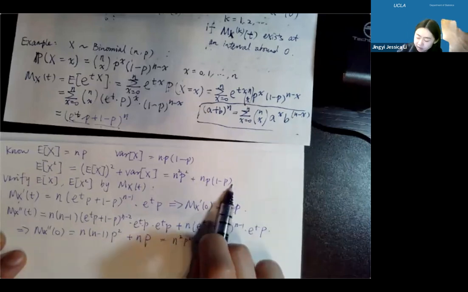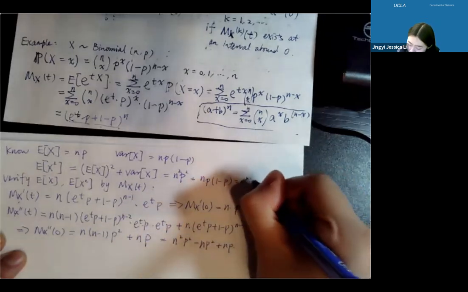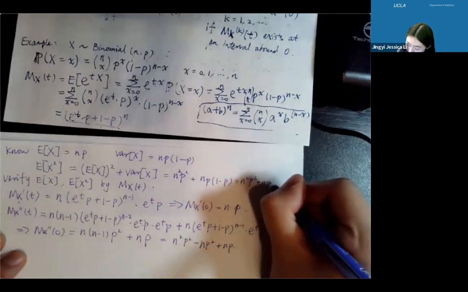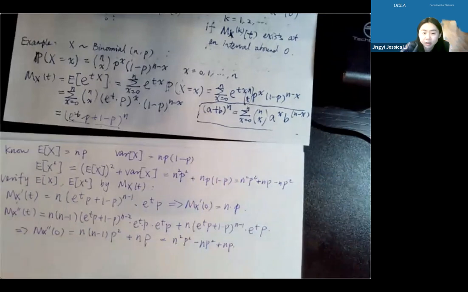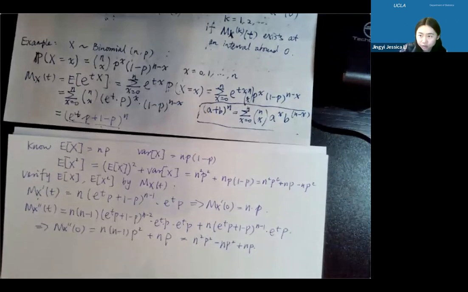And the second moment from above, expanded, is the same: n squared p squared plus np minus np squared. So they are exactly the same. I'm just showing that using the moment generating function we derived, we can recapture the moments, which suggests that we are doing it correctly. So, as a sanity check.